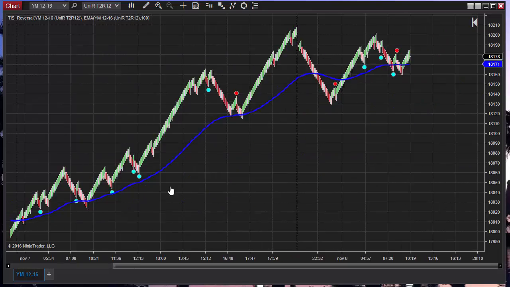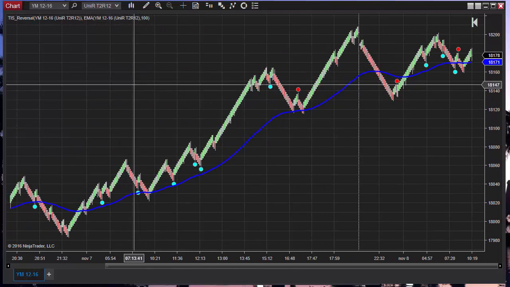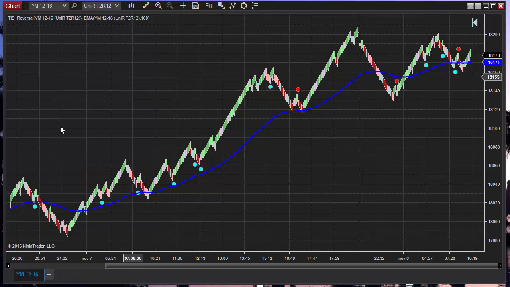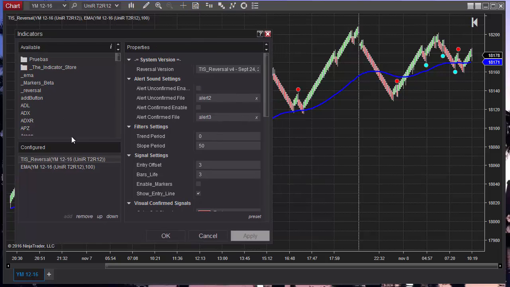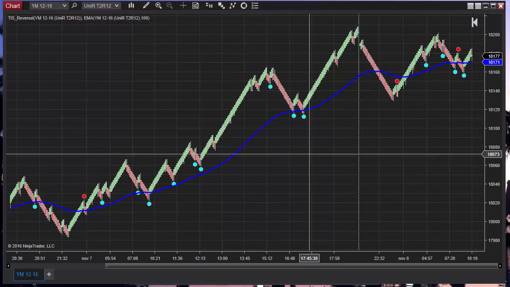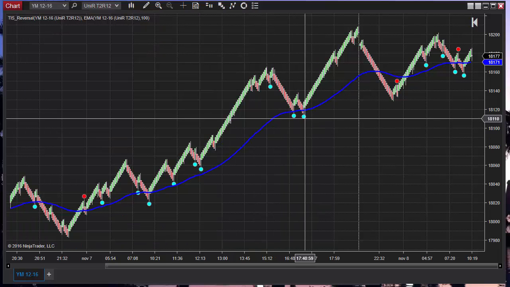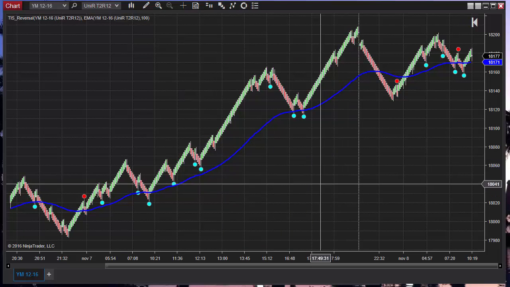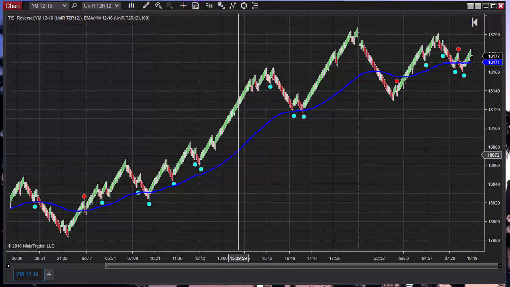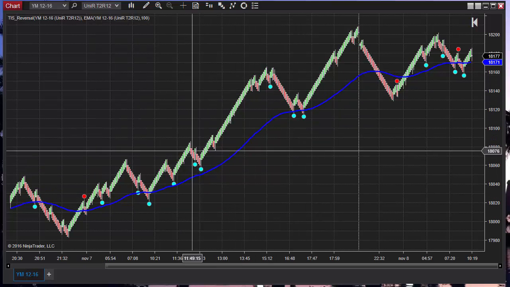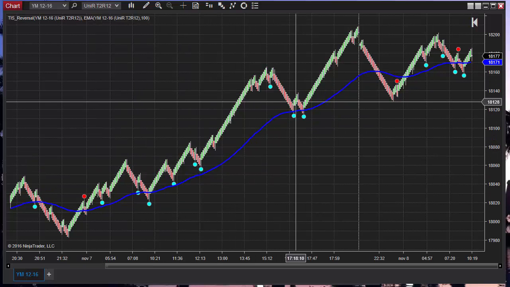Let's see how it looks on the signals. If we change the settings of the filter on reversal, instead of 50 using 100, now we get much better results. We get these two long signals, which are very good. We keep this possible loser, but anyway, we get a lot of very good signals.